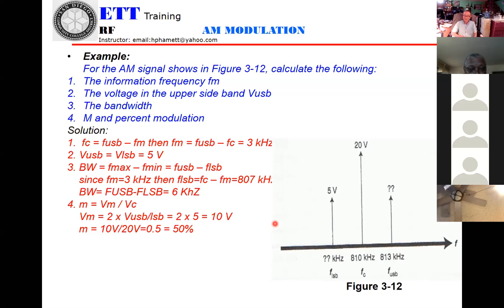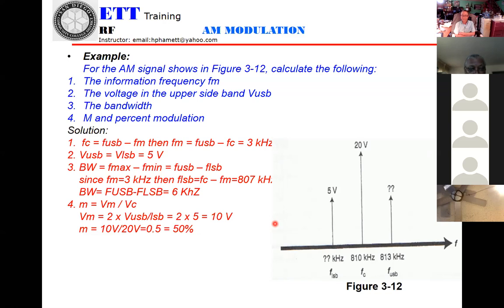Mr. Pham, I have a question. So Vm, is that voltage modulated? Vm means voltage of the modulation, your voice. And Vc is the carrier voltage. So we're dividing the modulation voltage by the carrier voltage.